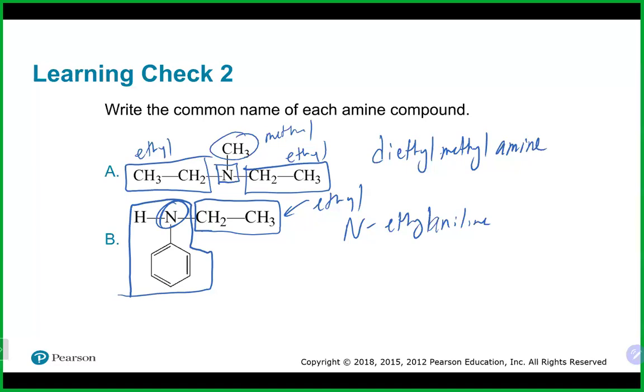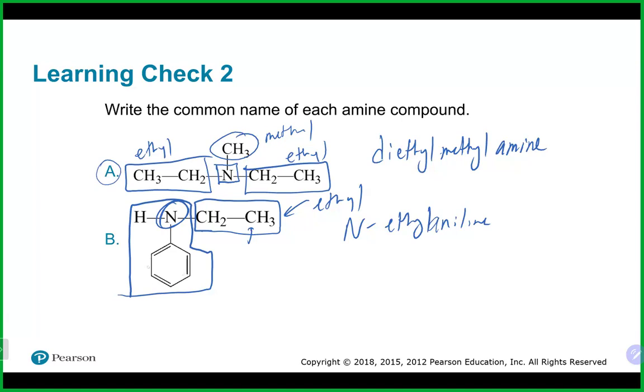Any questions on those names? If it was not connected to the nitrogen, do we still have to put the N? You would not. If it was attached to the ring or something like that, yeah, you would need to give the number in that case.